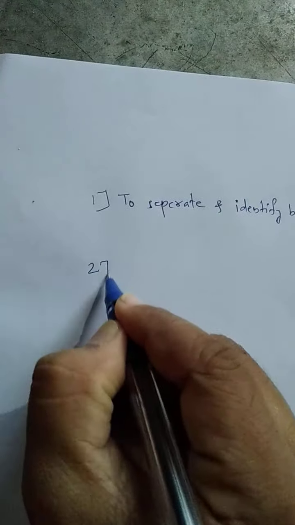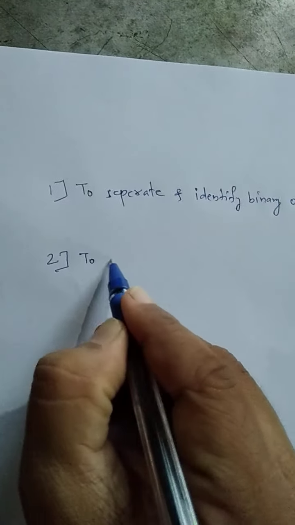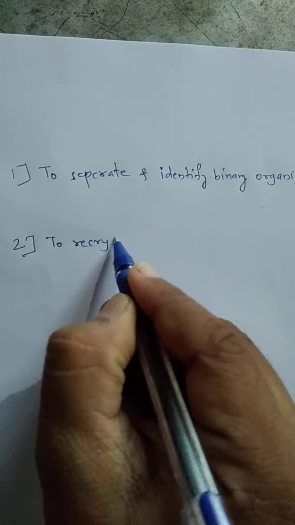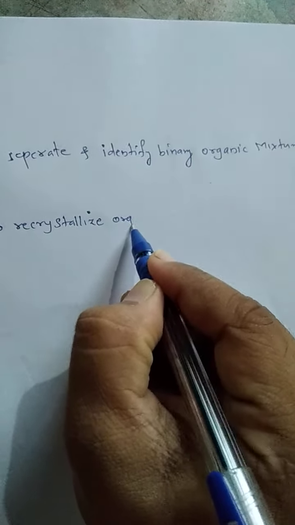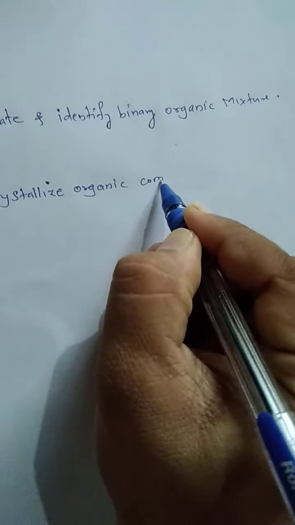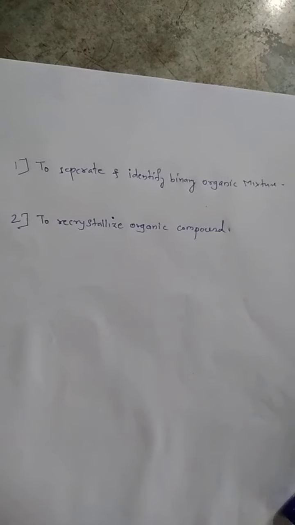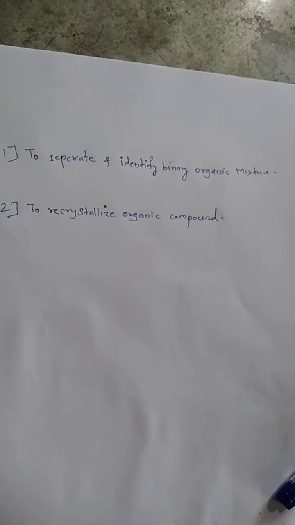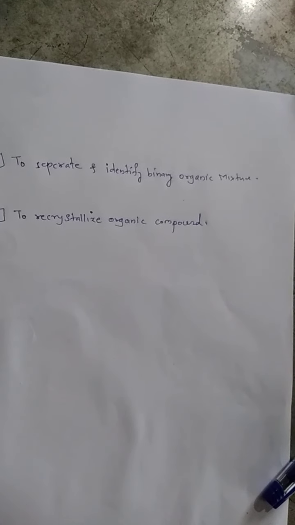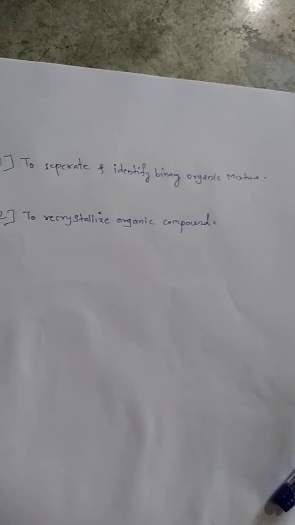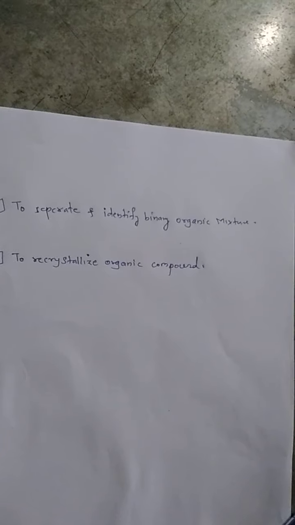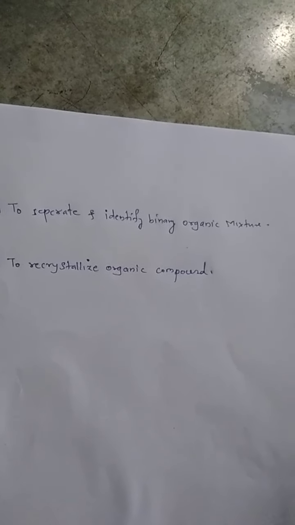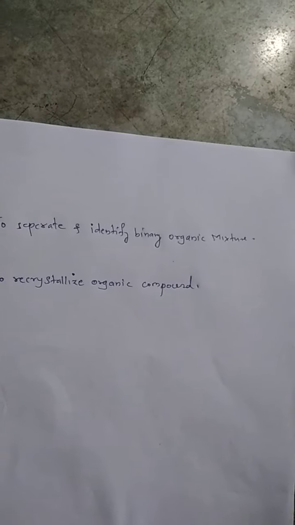Then the second one is to recrystallize organic compound. So there are two types of experiment in your syllabus. First one is to separate and identify the binary organic mixture, and second one is to recrystallize the organic compound. Now, during synthesis of any compound we get the crude product, and as we know the crude product is the non-pure form, or impure form.